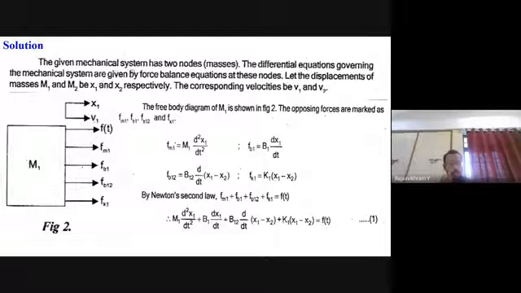It will be very fast because you already practiced the mechanical translation system. First M1, next M2. Any doubt in this? Free body diagram for M1. Listen carefully. Here it is specified displacement as well as velocity.